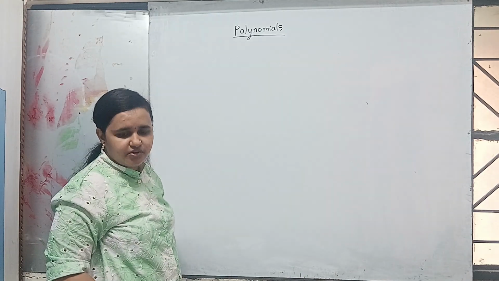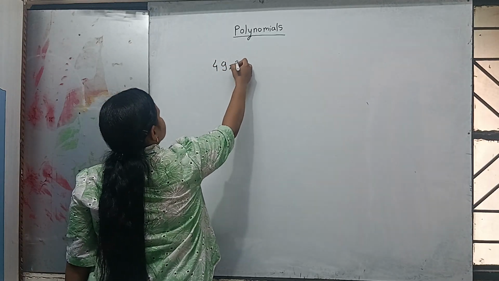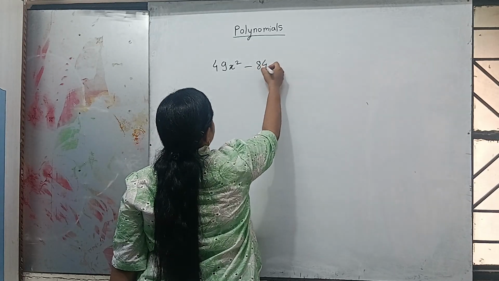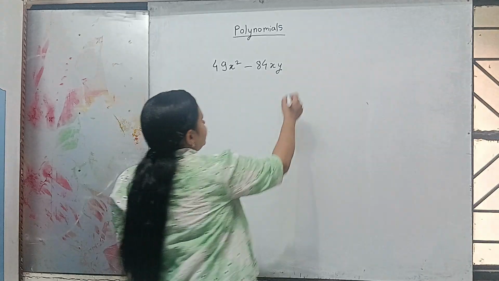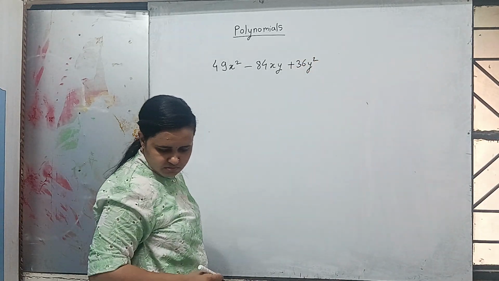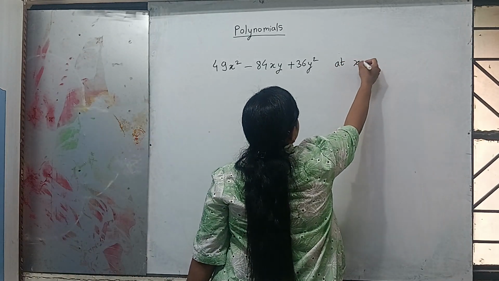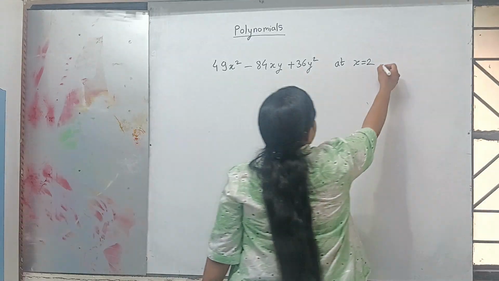Now next question, the value of 49x square minus 84xy plus 36y square at x equals to 2 and y equals to 3 is.